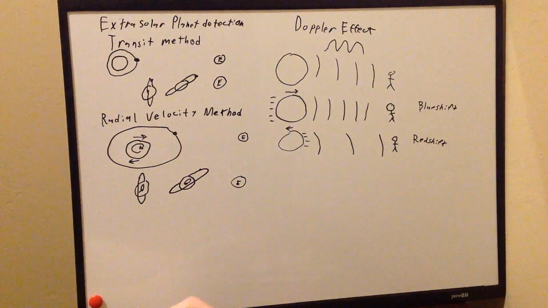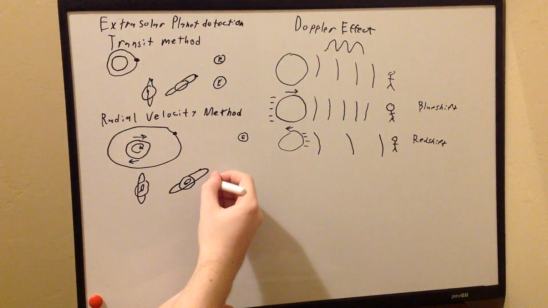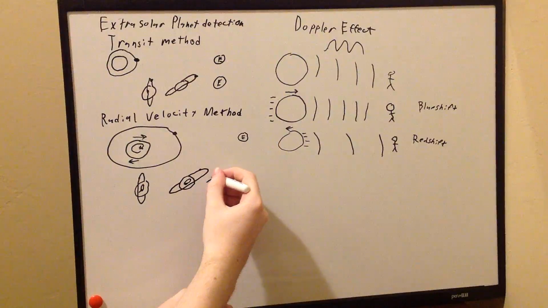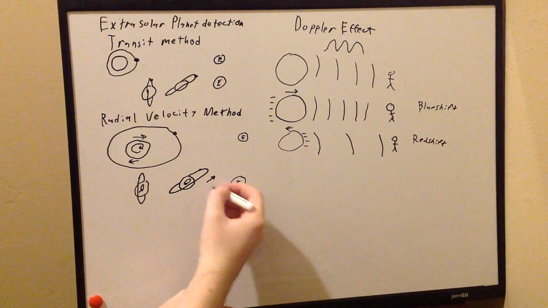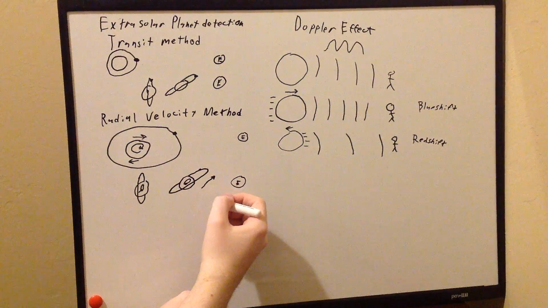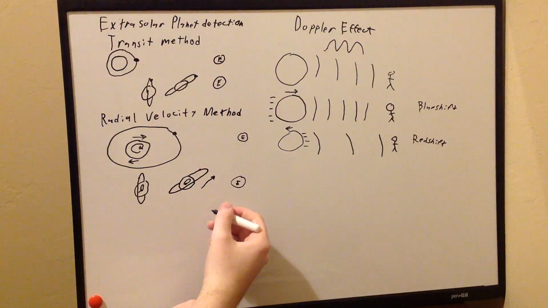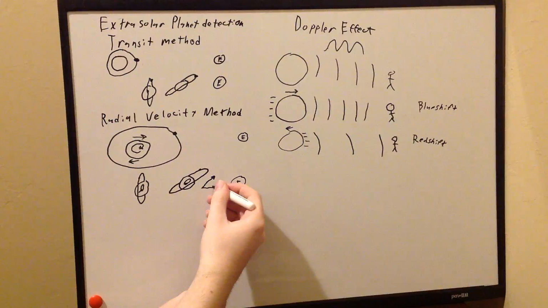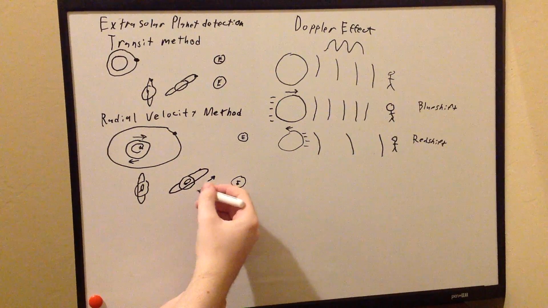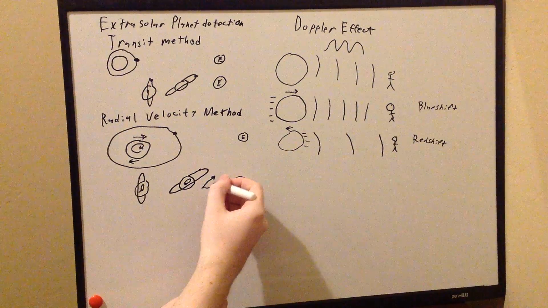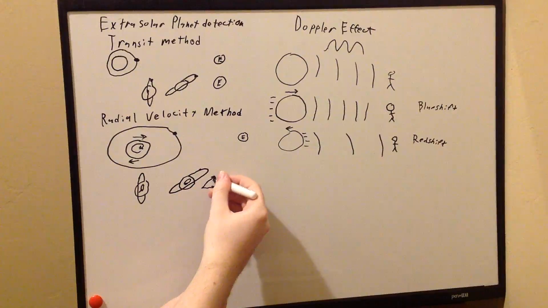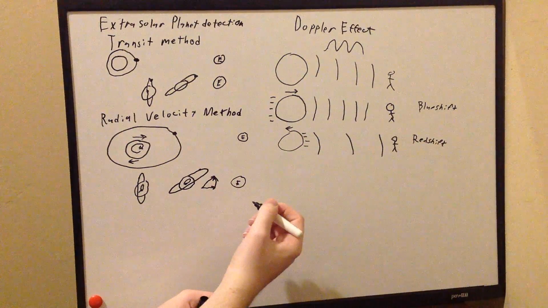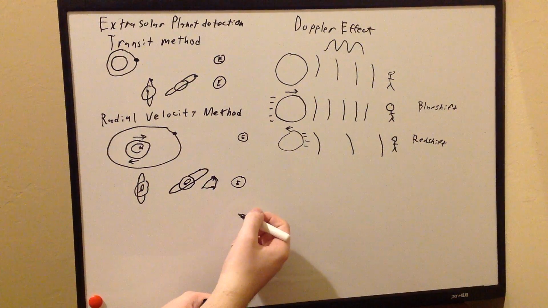Now we can think of the star's motion relative to Earth as being like a diagonal line here, right? Draw it like that. But a diagonal line we can think of as a combination of a line towards Earth and a line up and down with respect to Earth, right?